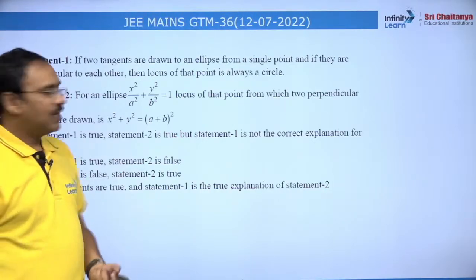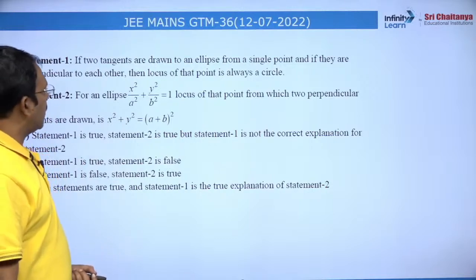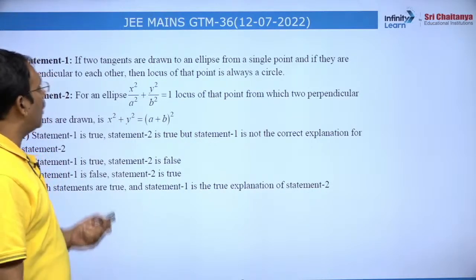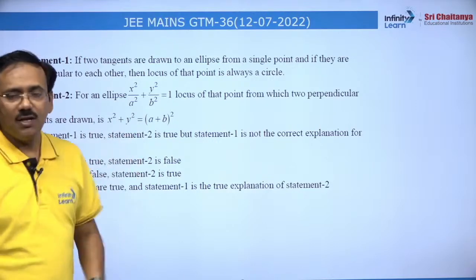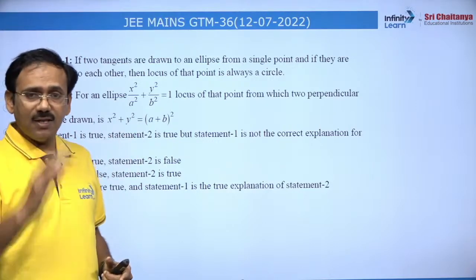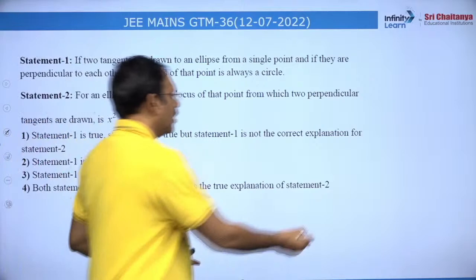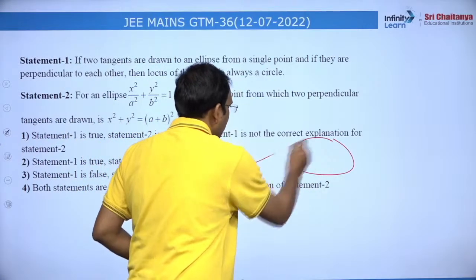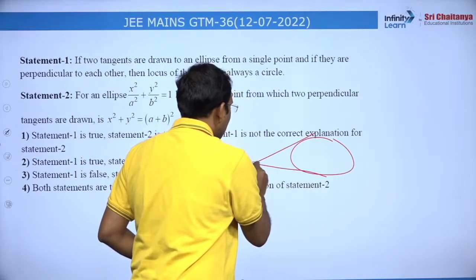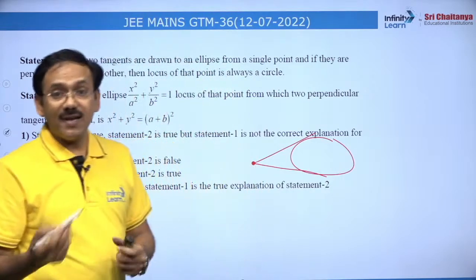Next my dear friends, this question: two tangents are drawn to the ellipse from a single point. If they are perpendicular to each other, whatever the conic is, be it circle, ellipse, parabola or hyperbola, if we could draw two perpendicular tangents, this point must lie on its director circle.